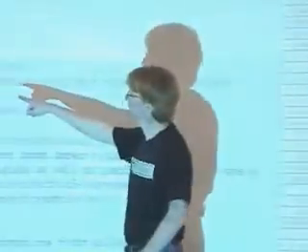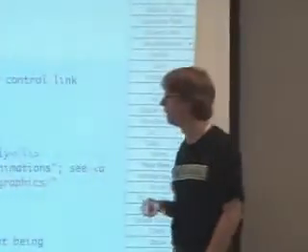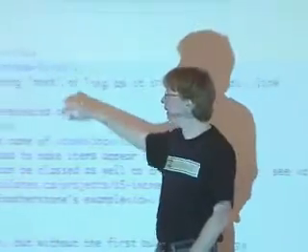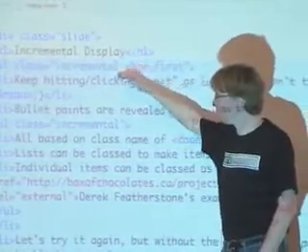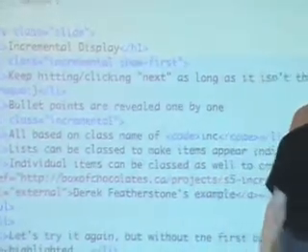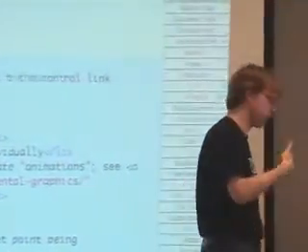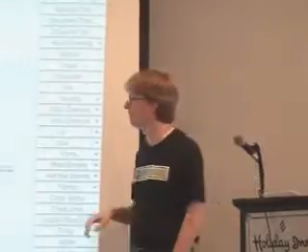Okay, here we go. So here's one of those incremental lists. Classed incremental, and in this case, also classed show first. So any unordered list that has a class of incremental, the JavaScript goes in and marks all of the list items that are children of that list as you should incrementally display this.